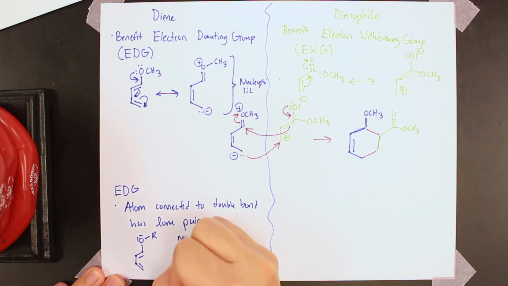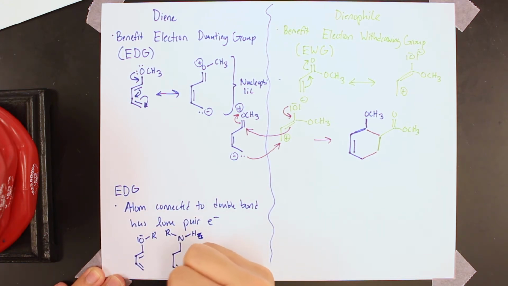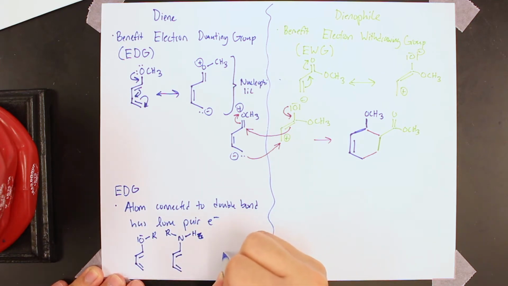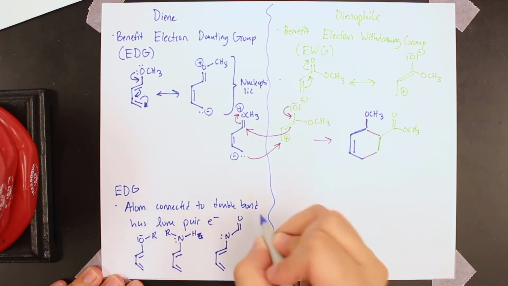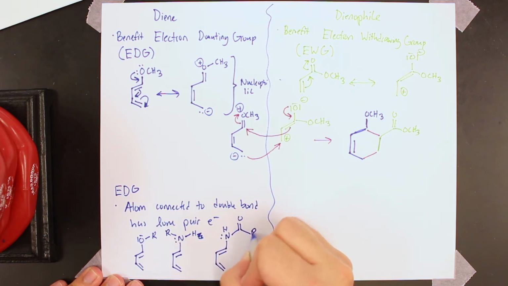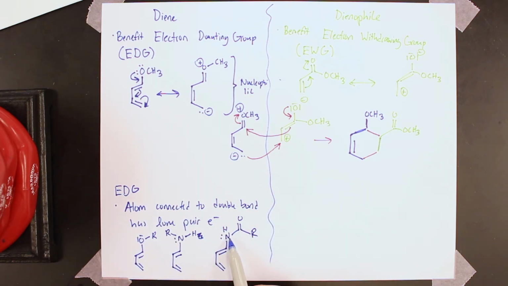We can also have not just oxygen, perhaps nitrogen, NH, and perhaps R. Okay, and sometimes if you have carbonyl compounds which are attached by the heteroatom, so for example an amide, there are lone pairs here on the nitrogen. Okay, so these are all donating groups because the atom attached to the double bond has a lone pair.